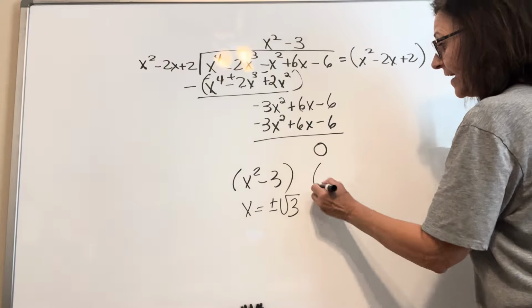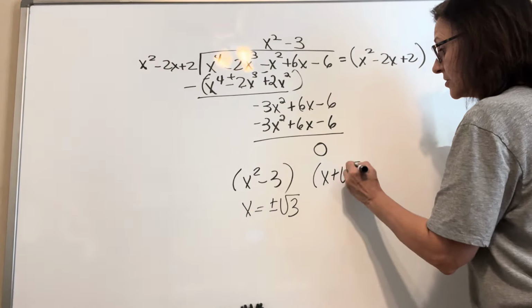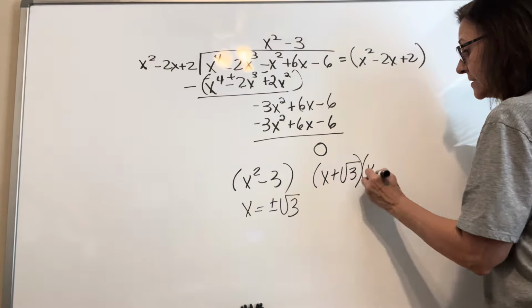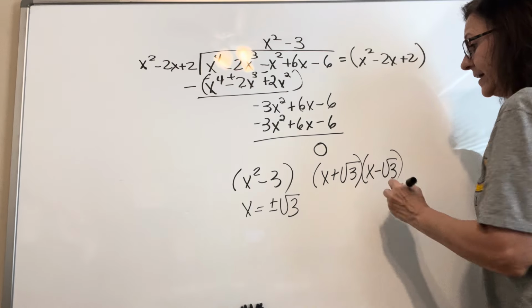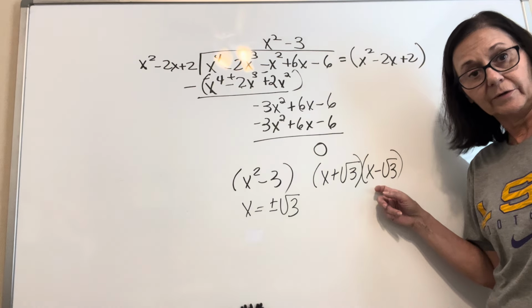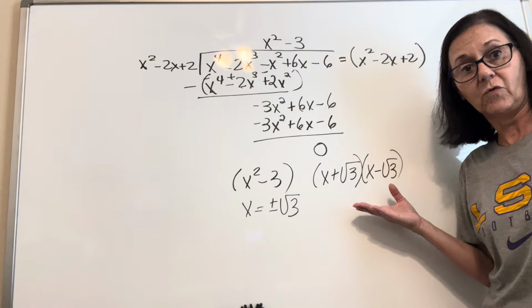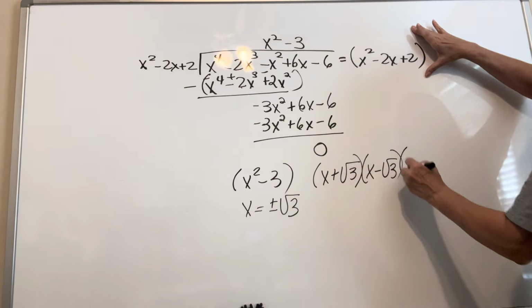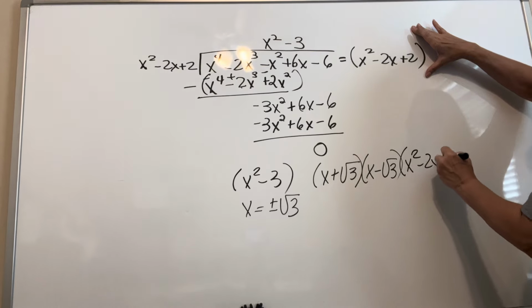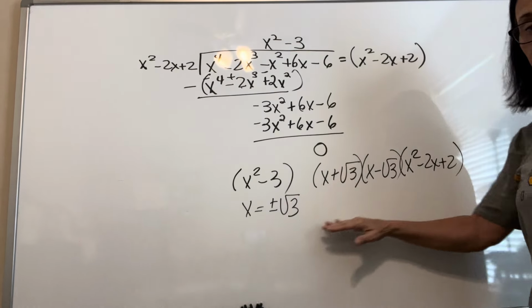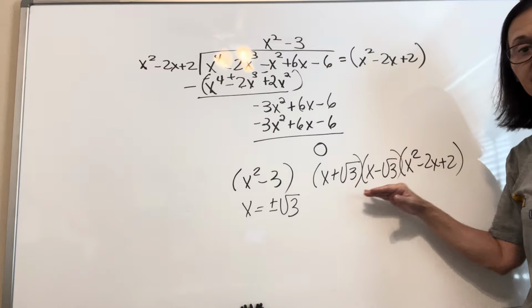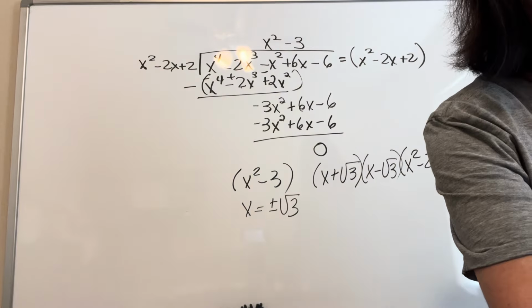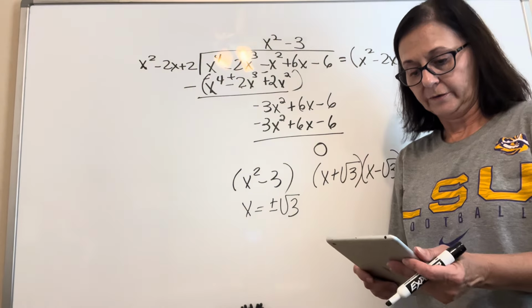You can write the factor as x plus square root of 3 times x minus square root of 3, because those are real numbers, right? And that's what it asks for. And then your last factor would be x squared minus 2x plus 2. And that is completely factored. You cannot factor this any further over the real number system.